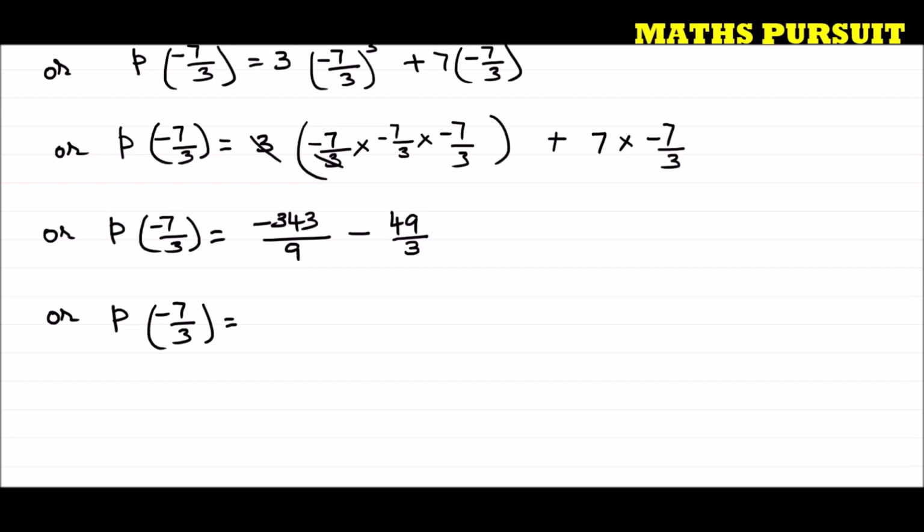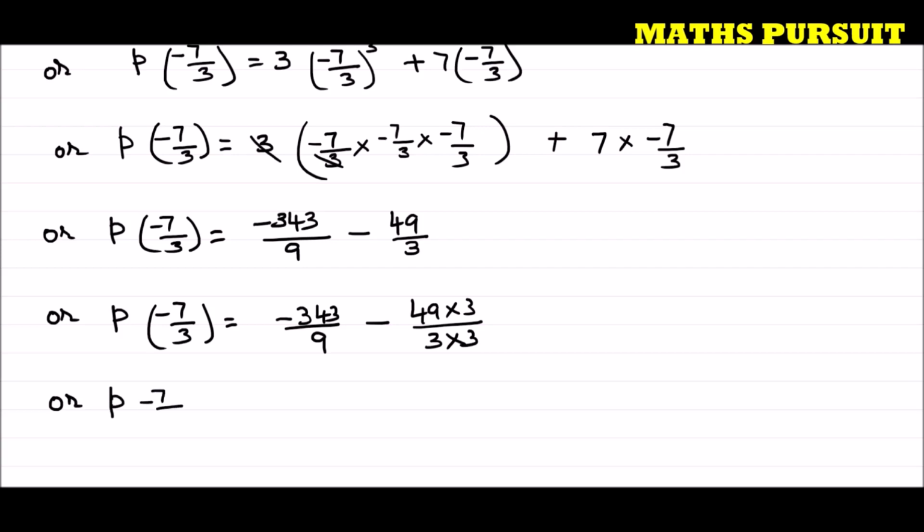Let us make the denominator the same so that we can easily solve this one: -343/9 - (49 × 3)/(3 × 3). Why 3 × 3? Because if I multiply 3 to the denominator, we will get 9. As I want to make the denominators equal, if I am multiplying something to the denominator, I should also multiply the same thing to the numerator. For that reason, I multiplied 3 to the numerator as well as to the denominator.